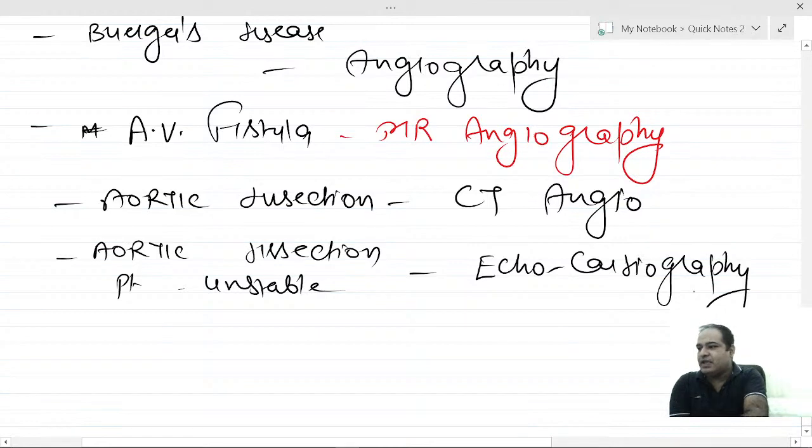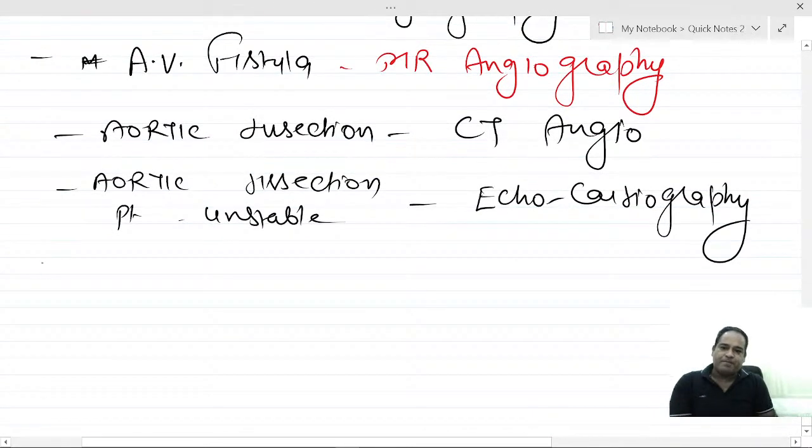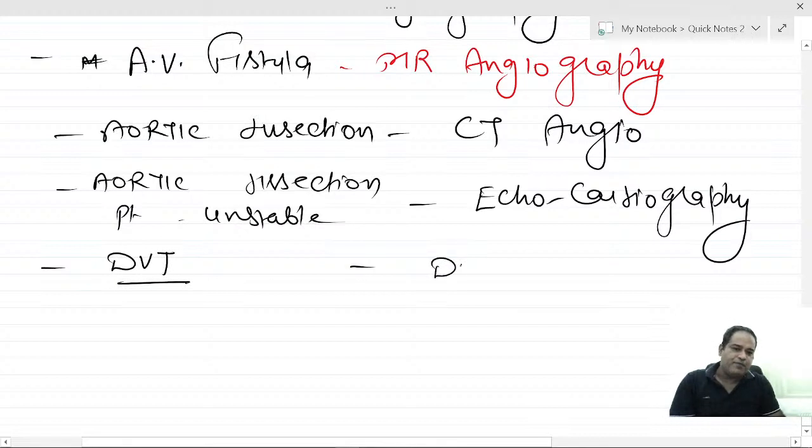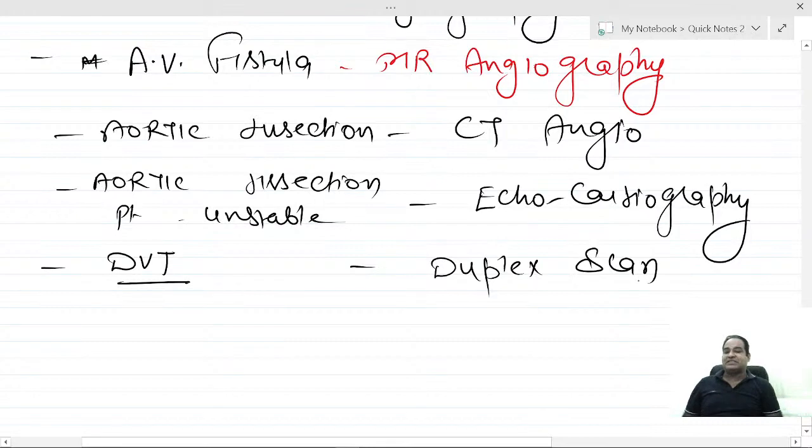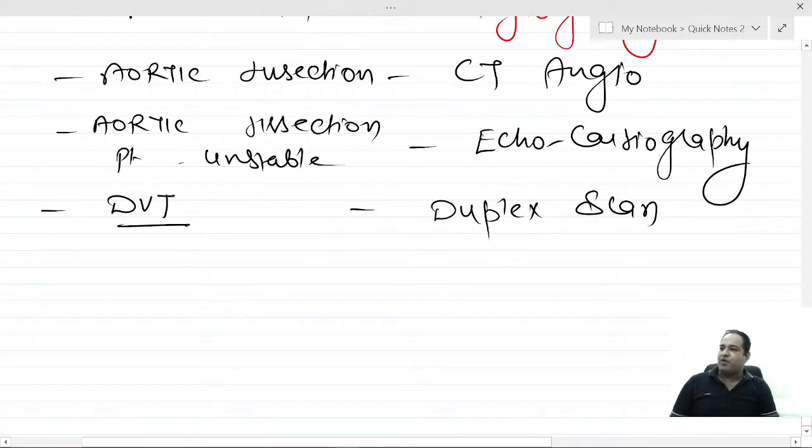Remember, it will be echocardiography. Investigation of choice for deep vein thrombosis will be duplex scan, which is a type of ultrasound.